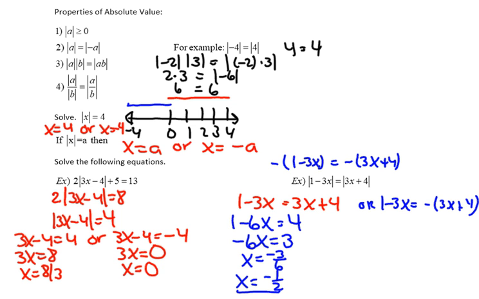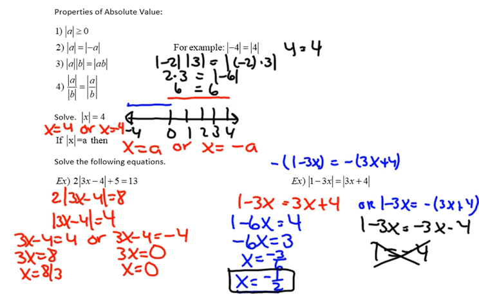Okay, for my other equation, I'm going to distribute the negative. Now I'm going to add 3x. The problem is when I add 3x, I get that ugly thing where 1 is equal to -4. That is not a solution here. So in this case, I only have one solution, and that is -1/2.